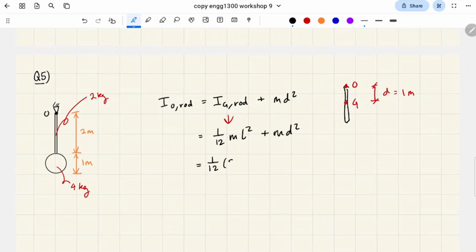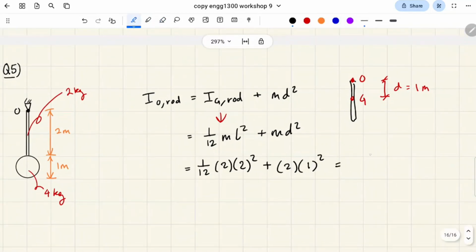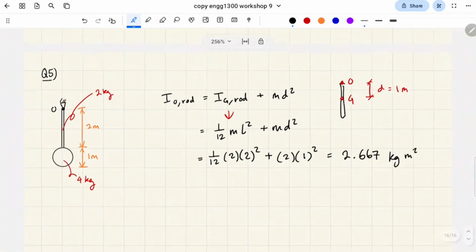We plug in our mass, which was 2. We plug in our length, which was 2 meters. Our distance was d, which I drew over here. And we get that I of the rod is this.